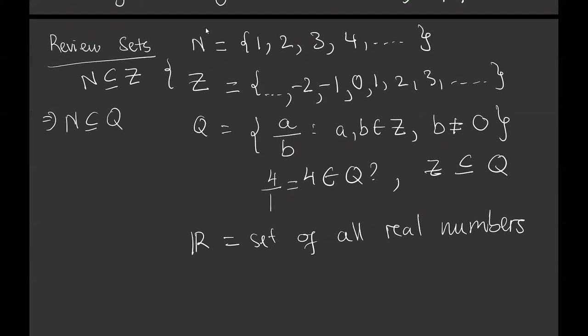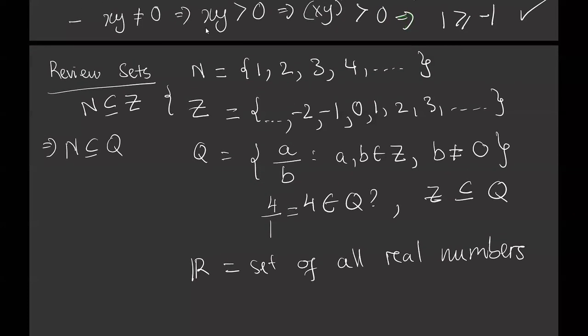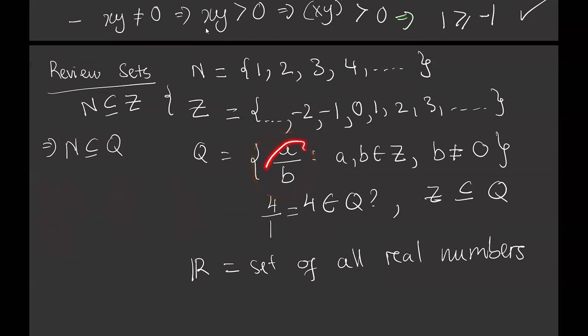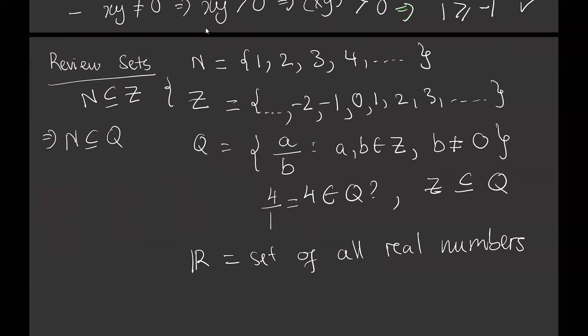Then, let's consider rationals again. A rational is a number that can be written in the form a over b. For example, 2 over 3, 3 over 2, 1000 over 1111. Everything that can be written in this form is called a rational number. Okay.